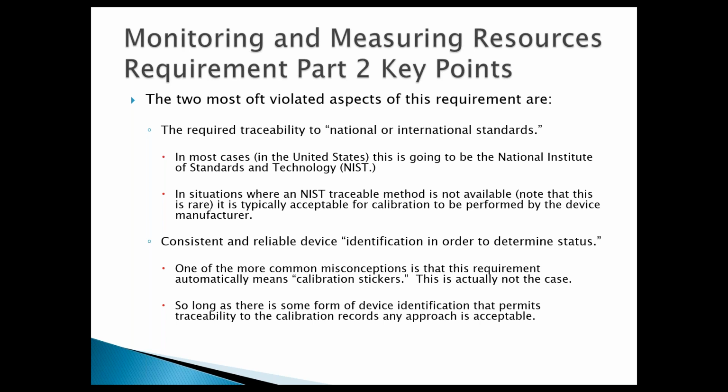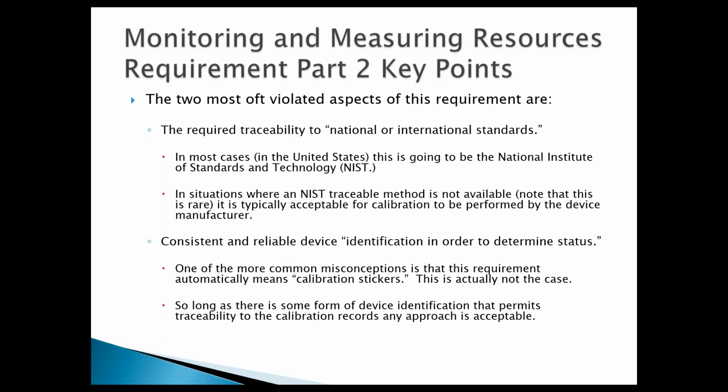In those rare circumstances where a NIST traceable method is not available, typically it's going to be acceptable for calibration to be performed by the original device manufacturer. This is part of what we're looking for when we look at the calibration certificates. Is there traceability to the NIST code? We want to see those code numbers written into the calibration records.